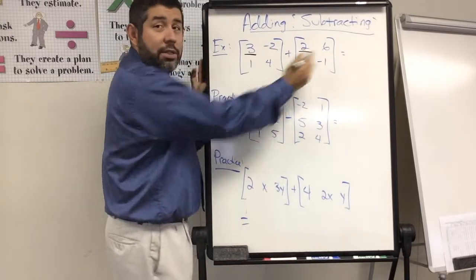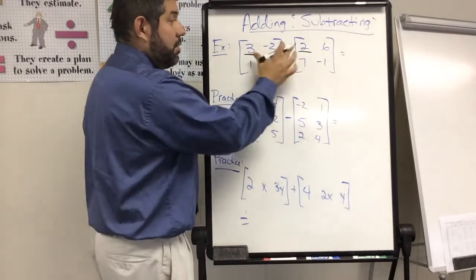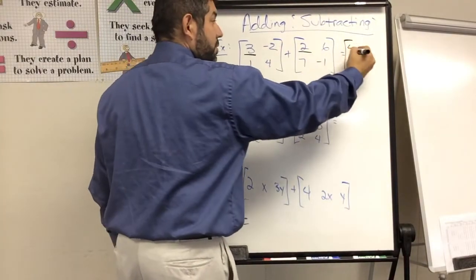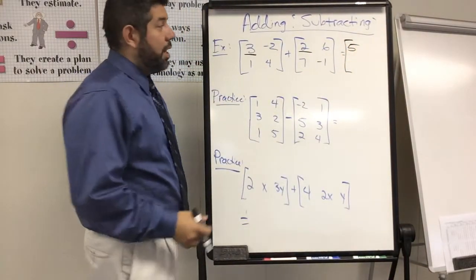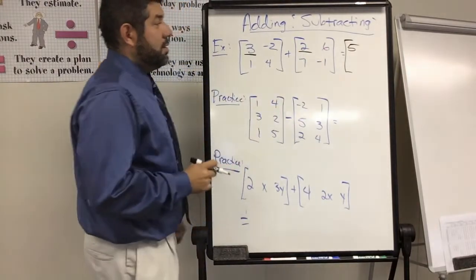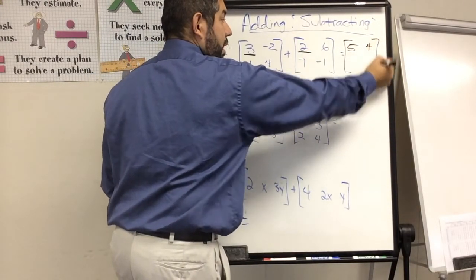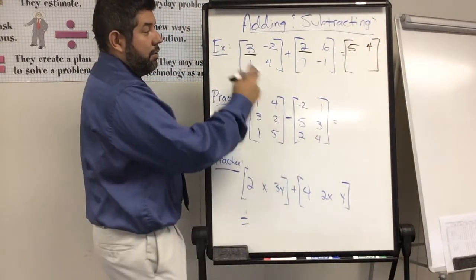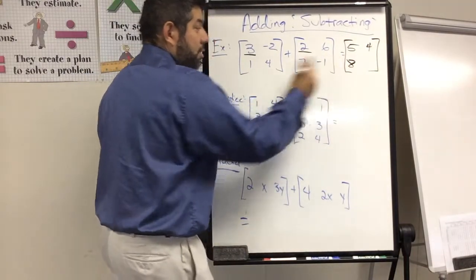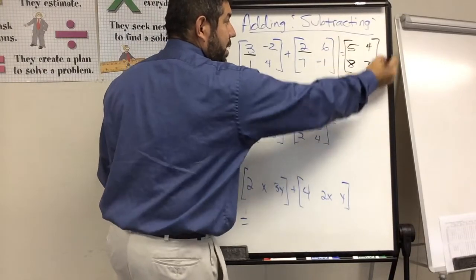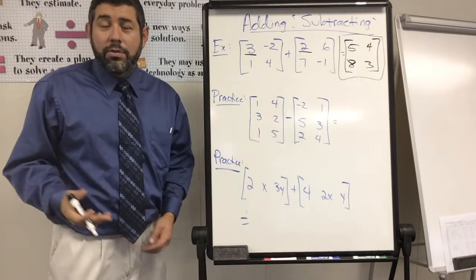Here we've got 3 and 2, so I'm going to add those because they're in the same spot in my matrix. 3 plus 2 is 5. Put it in the same spot. -2 and 6 is 4, so that goes right there. Then 1 and 7 is 8. 4 and -1 is 3. And that is my sum. That's all there is to it, guys.